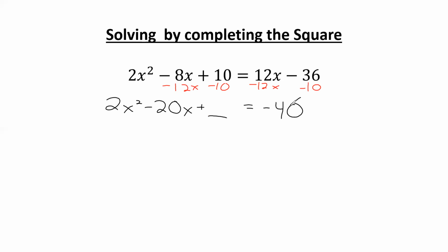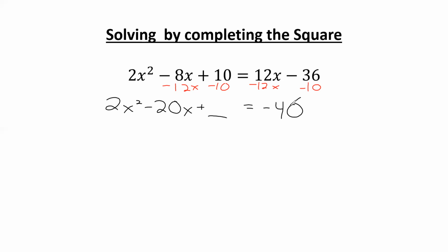So now, we have values here that I don't recognize as a perfect square yet. And in fact, is this first term even a perfect square? No, because 2 is not a perfect square. If I have a number with my x squared value, I need to get rid of it. So here, how do I get rid of the 2 that's in front of this thing? Well, I'm going to divide it off.